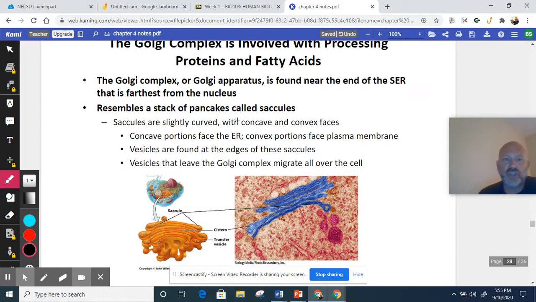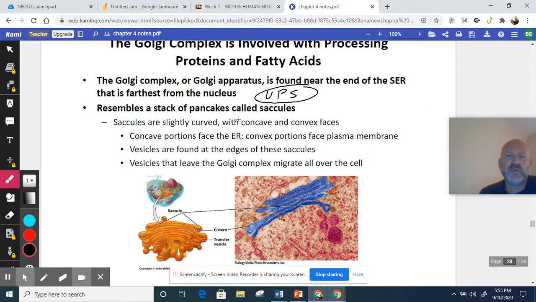So the Golgi is like the packaging center. This is like the UPS of the cell, right? This is where the cell products go. Let's say the ribosomes made a protein, the ribosomes hand it off to the endoplasmic reticulum. The endoplasmic reticulum is a series of canals where the protein is finishing being processed. Well, once it gets to the Golgi, it's going to be packaged.